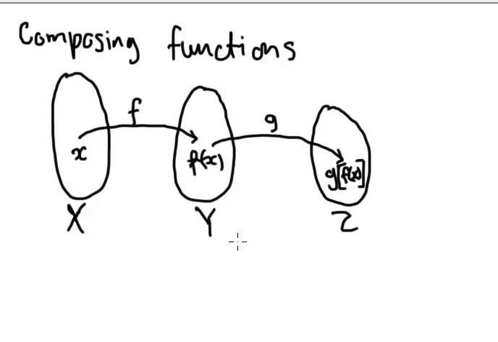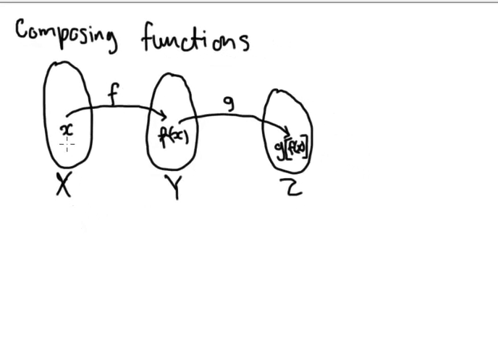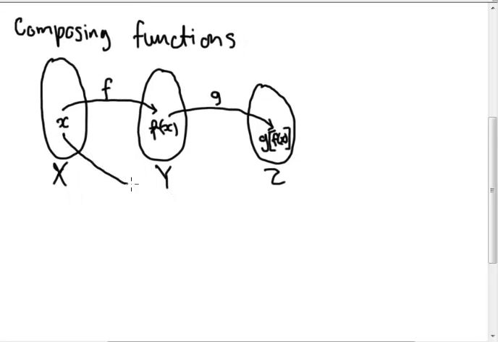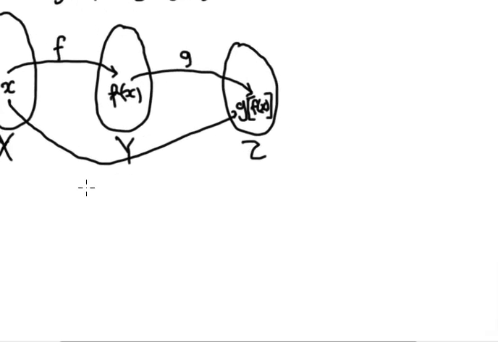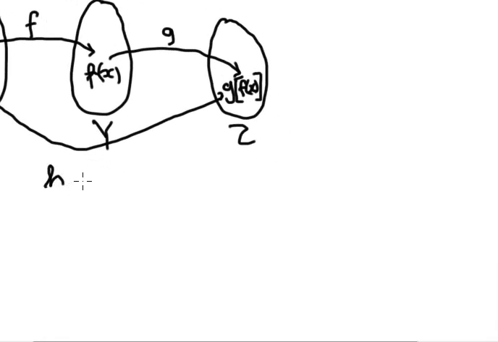So now, once you've done that, we can actually define another function which picks this x and sends it direct to that value there. Let's call that function h of x, and we're going to denote it this way. We're going to put g, small circle, f, to say g composed with f.